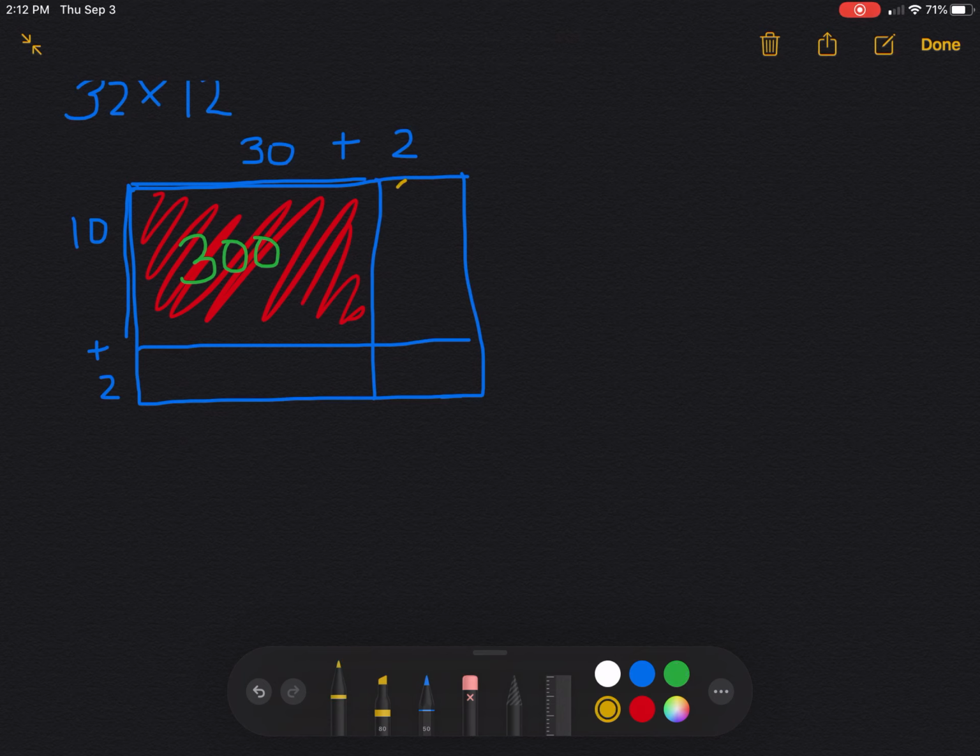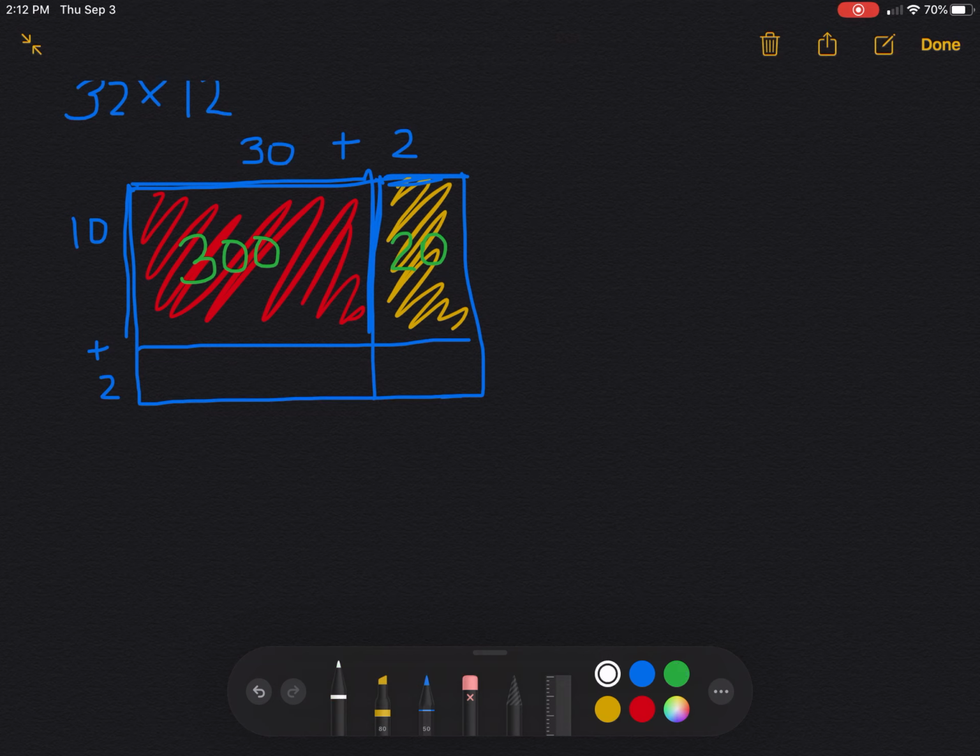Now I'm going to try to find the area of this section. This section has a length of 2 and a width of 10. 2 by 10, or 2 times 10, is going to give me an area of 20 units.